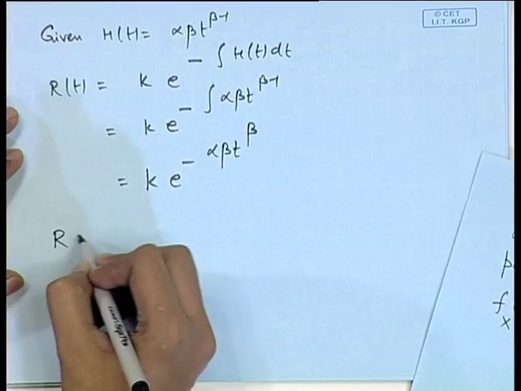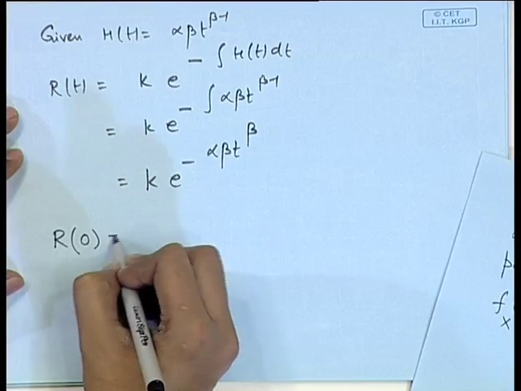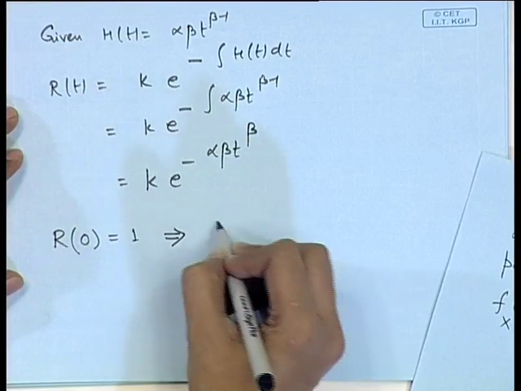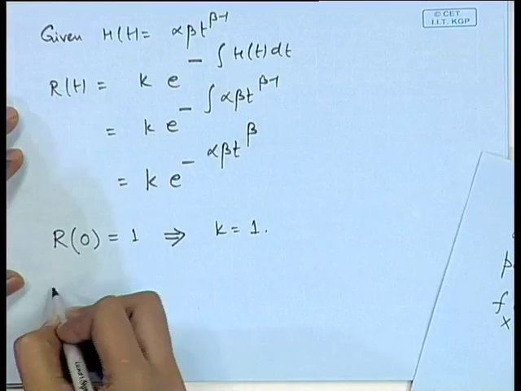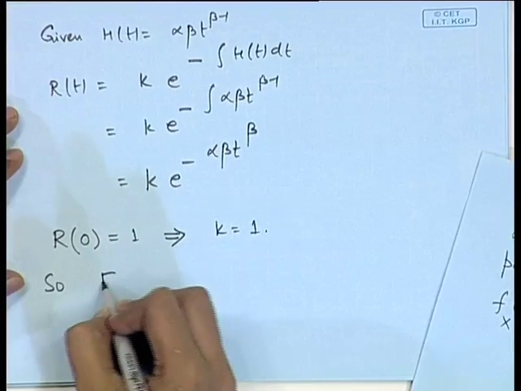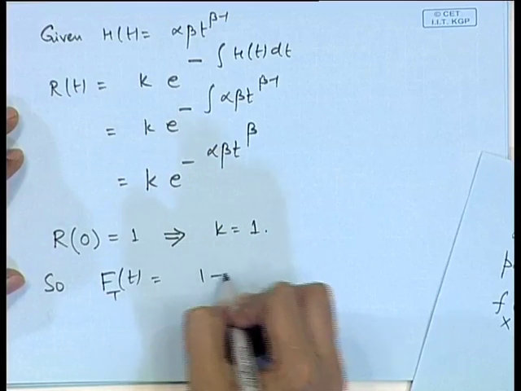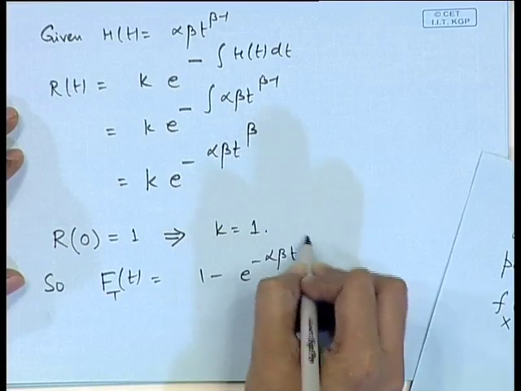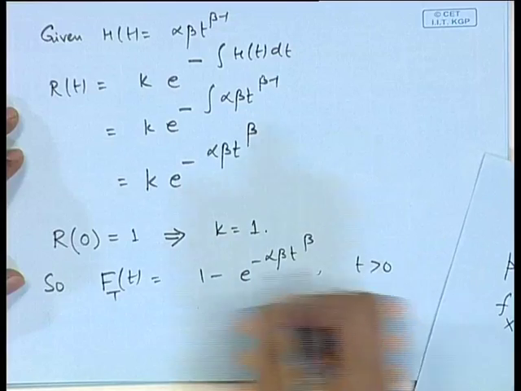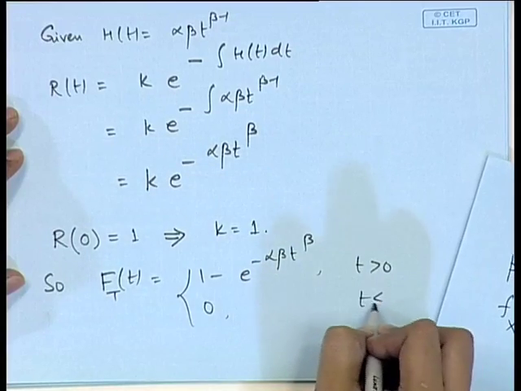If I put R(0) equal to 1, then this will give us k equal to 1. So F(t) will become equal to 1 minus e to the power minus alpha t to the power beta for t greater than 0 and 0 for t less than or equal to 0.